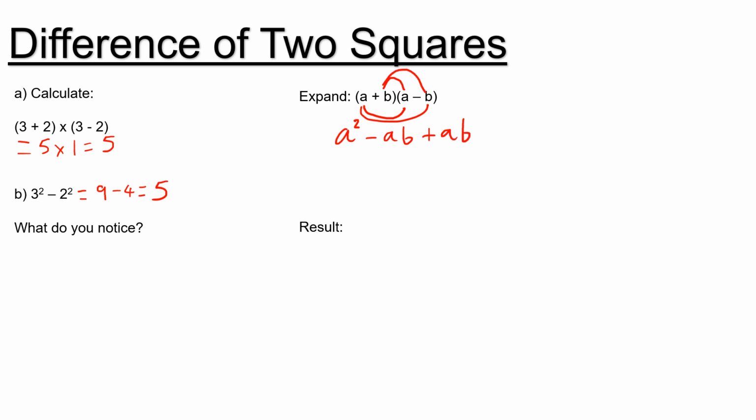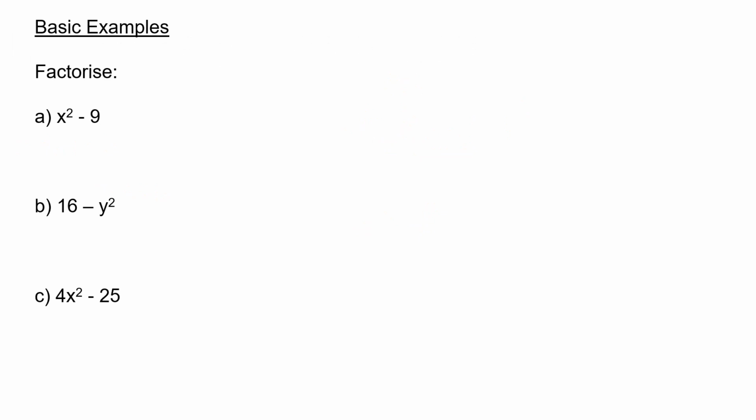B times minus b is minus b squared. We should notice that minus ab plus ab cancels out, so we get a result of a squared minus b squared.